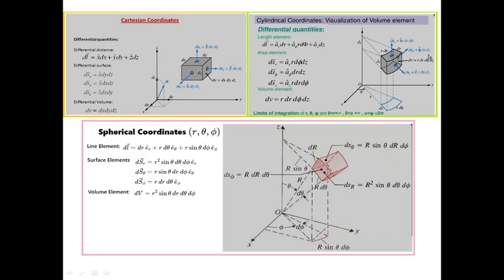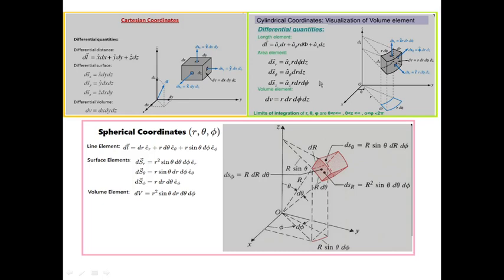The surface is perpendicular to the phi direction. The other surface will be perpendicular to the negative phi direction, so there should be a plus minus: plus minus phi hat dr dz.